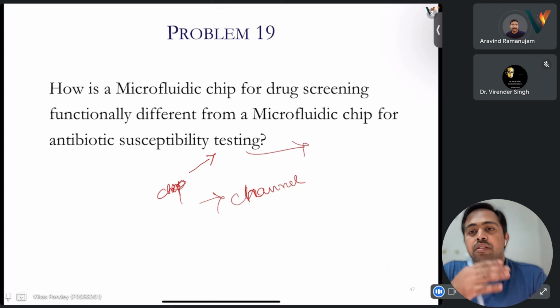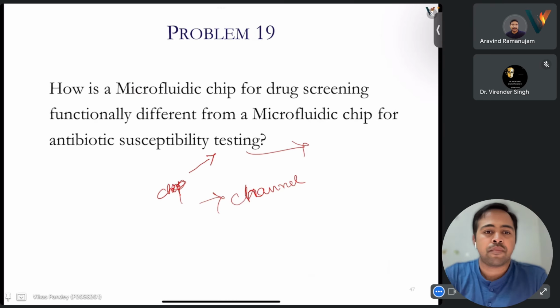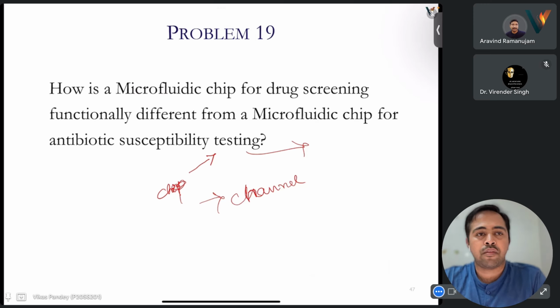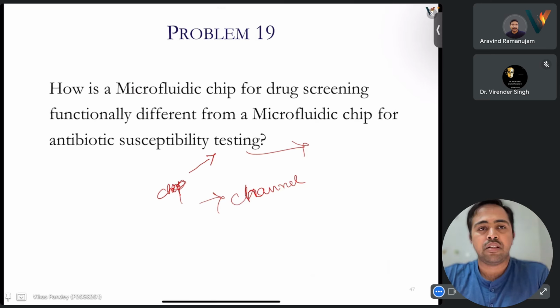Any other difference between the chip itself, functionally? How was it functionally different? In both cases we are going to check the impedance, right?